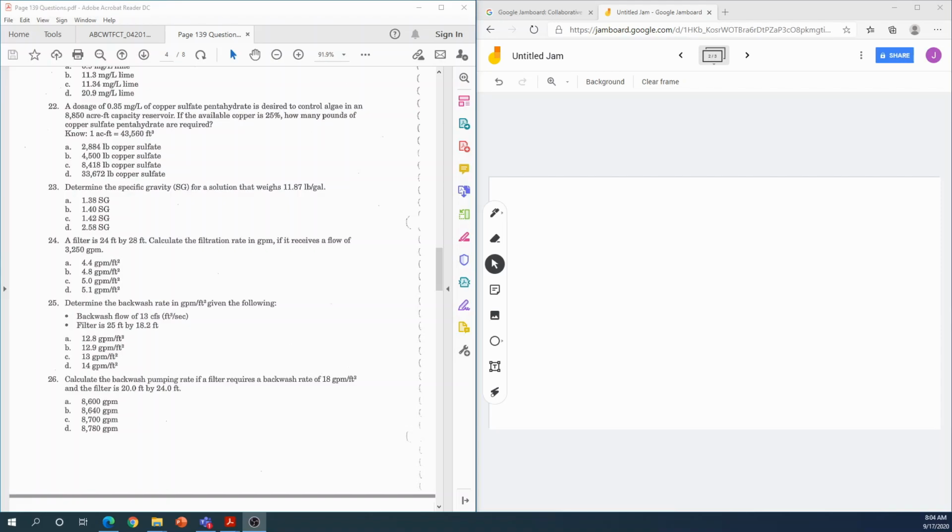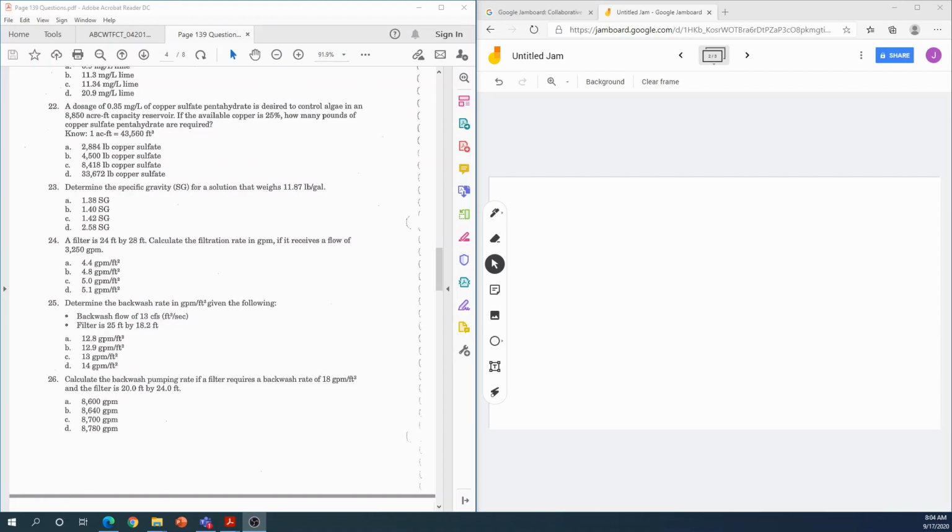Okay, let's take a look at problem number 24. A filter is 24 feet by 28 feet. Calculate the filtration rate in gallons per minute if it receives a flow of 3,250 gallons per minute. So the first thing let's do on this problem is calculate the area of our filter.